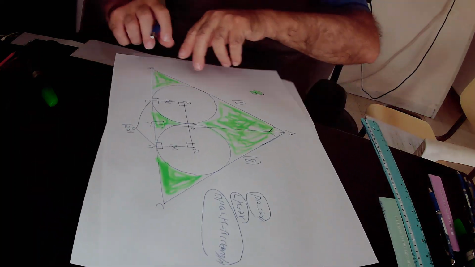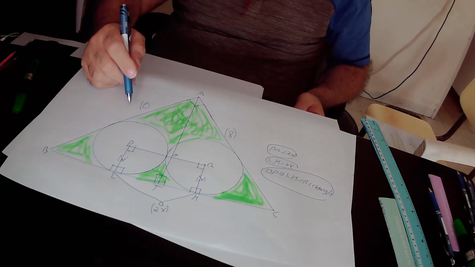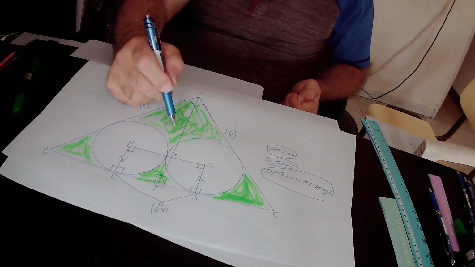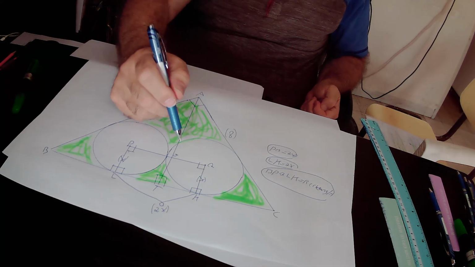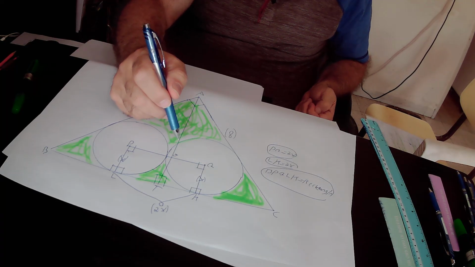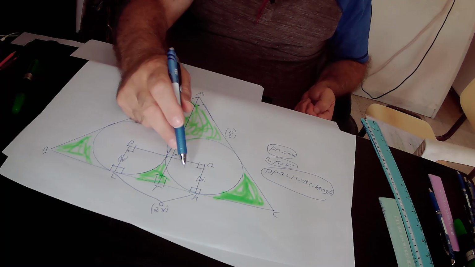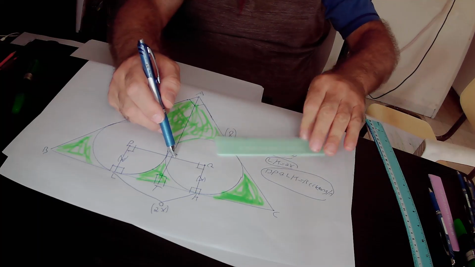So by doing this construction, we get two small quadrilaterals. This is the small quadrilateral JQKT. In this small quadrilateral JQKT, all 4 angles must be equal to 90 degrees.